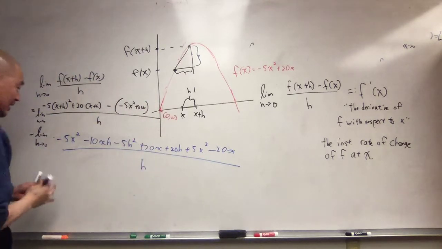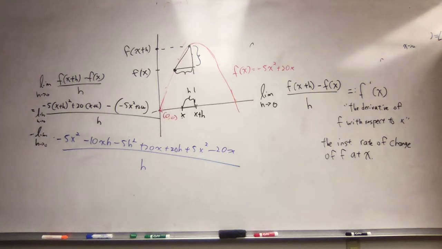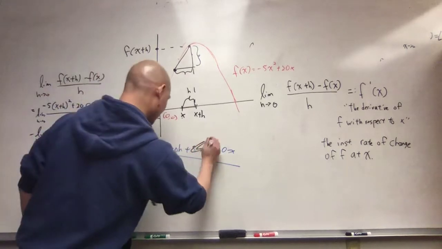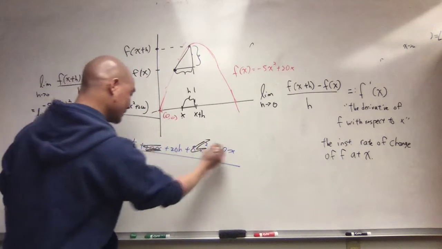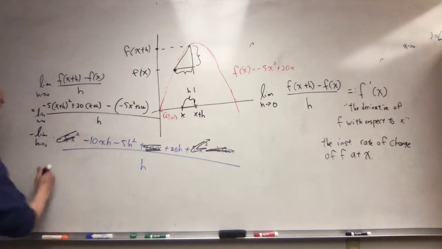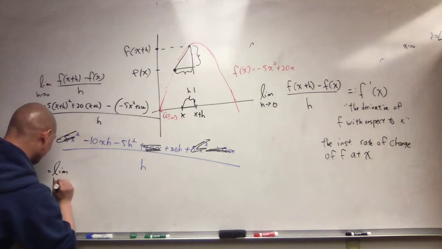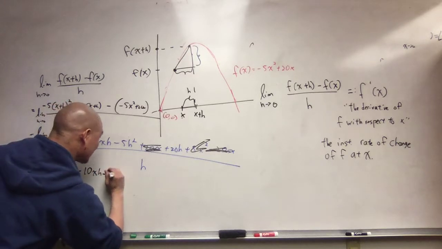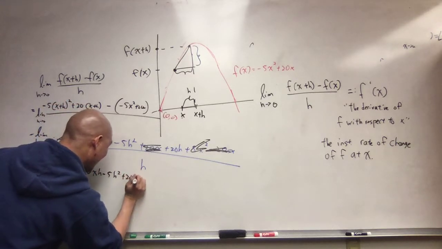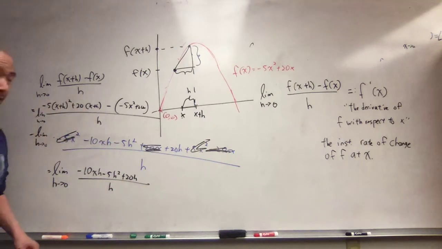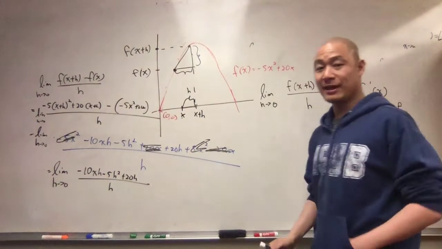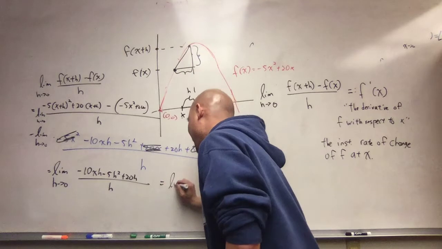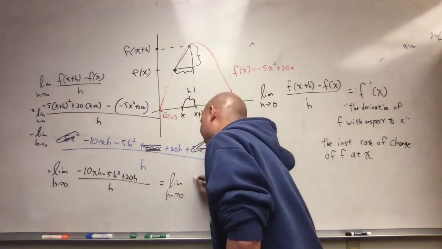All right, let's start looking to see what's going to go away. We have minus 5x squared plus 5x squared, those cancel. Minus 20x plus 20x, those cancel. So what we have left is the limit as h approaches 0 of minus 10xh minus 5h squared plus 20h, over h. But we should note that every summand in my numerator has an h in it, so I could factor it out.